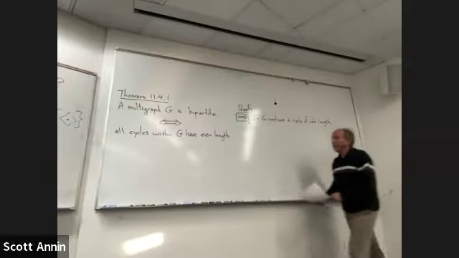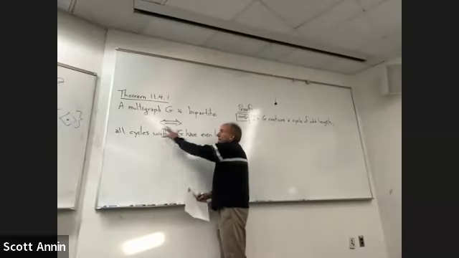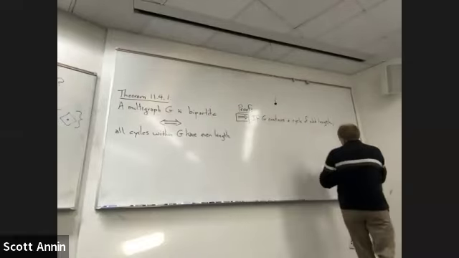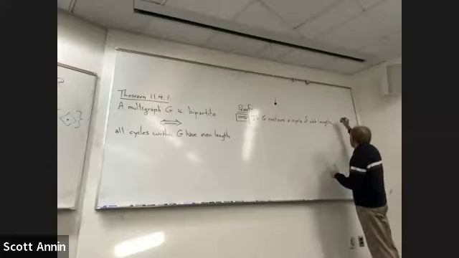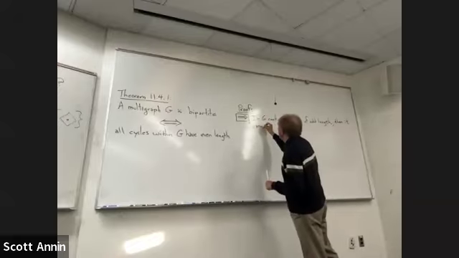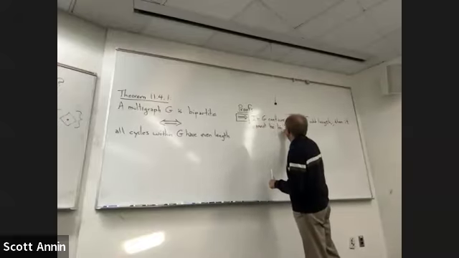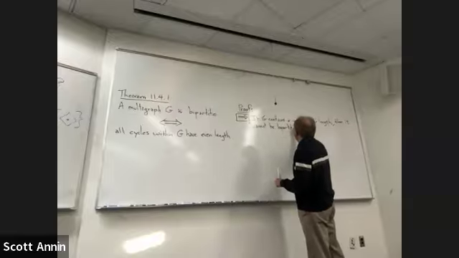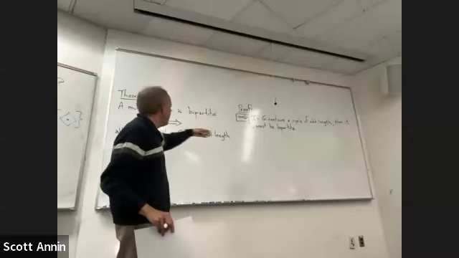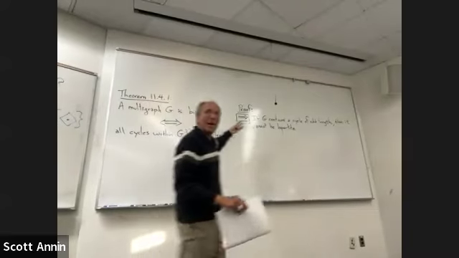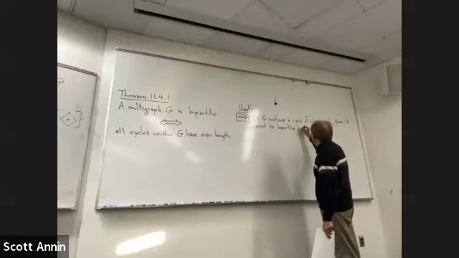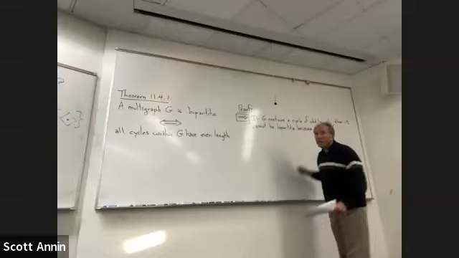Right, so in other words, if this was not true, if G did not have all cycles of even length, so if G contains a cycle of odd length, then it cannot be bipartite. Now, so far, all I've done is state the contrapositive of what we're proving here, but it cannot be bipartite because, I'll give a quick reason here.